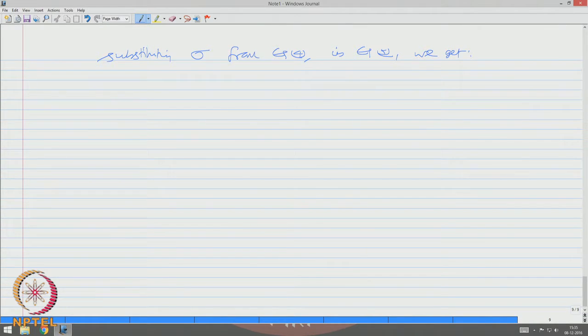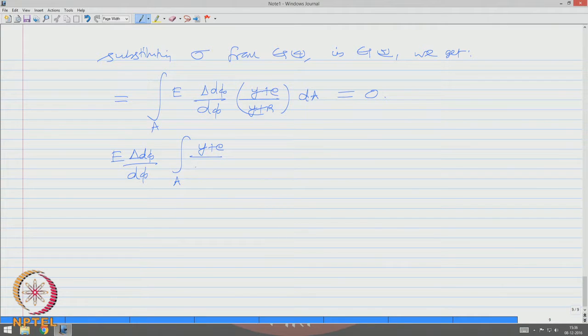We get E delta d phi by d phi integral of (y plus e) by (y plus R) dA over A should be 0.